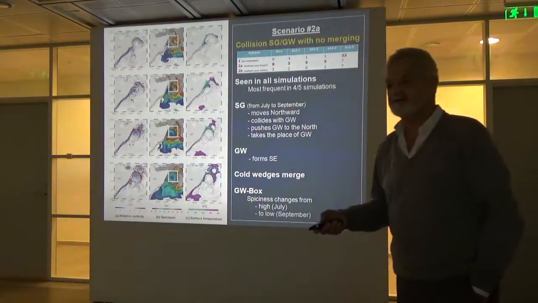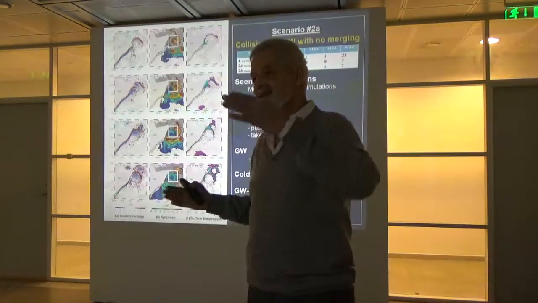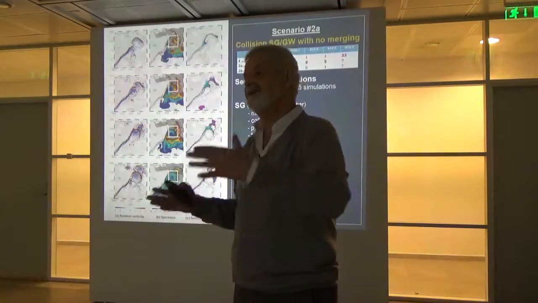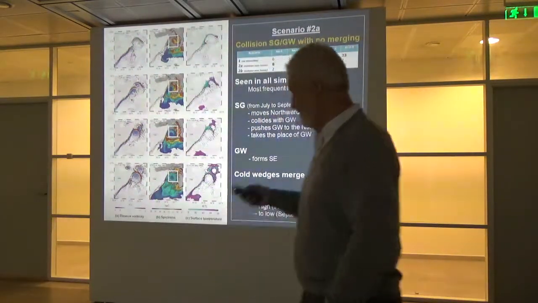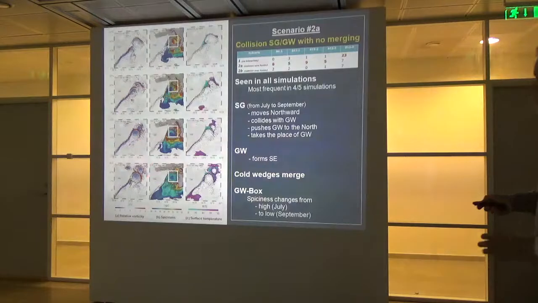The papers looking at satellite observations, seeing the merging of the cold wedges, concluded that the two eddies had merged. But in fact, the merging of the two cold wedges doesn't mean that the two eddies have merged. They could interact without merging, and you will still end up with only one cold wedge.